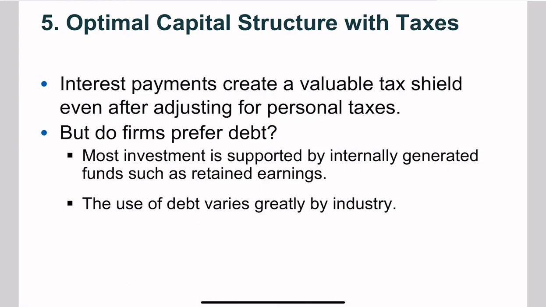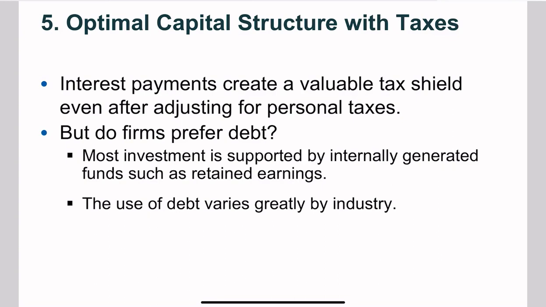So we want to examine in real life, in actual economy, do firms actually prefer debt, right? So we basically want to look at some data and examine how firms were using debt. And what were our findings? Well, the findings are basically like this.